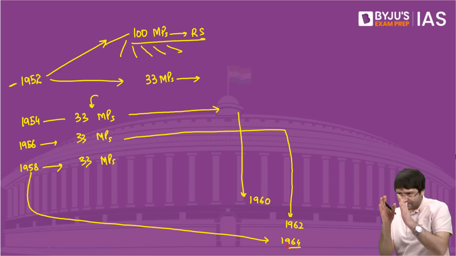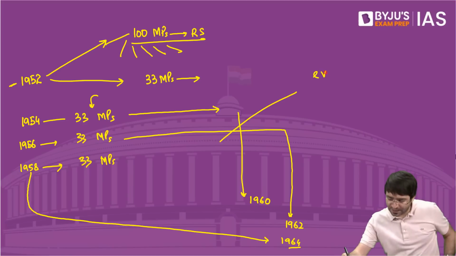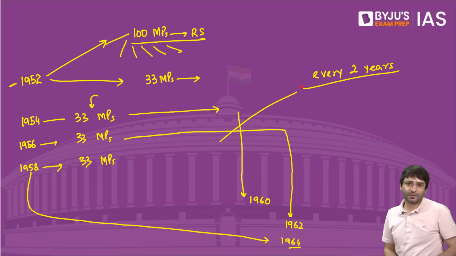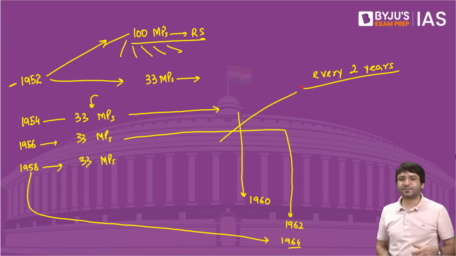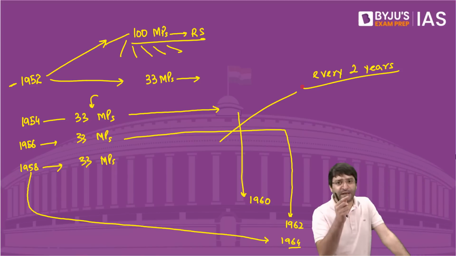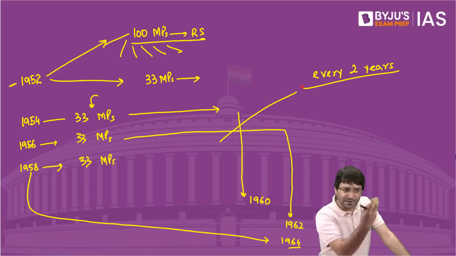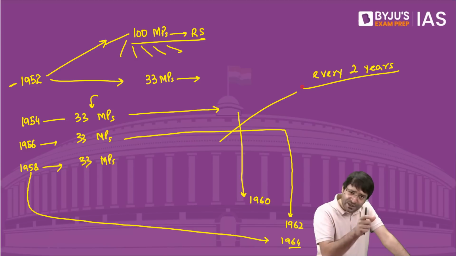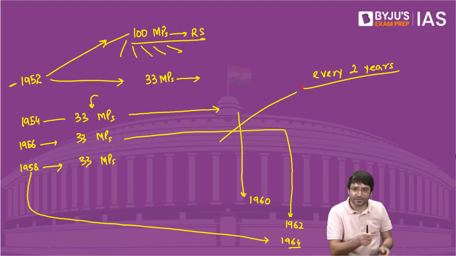Which means there are 1/3 seats right now where election takes place every 2 years. We started this process when we asked in 1954, 1/3 members, you resign after 2 years, so that we can have fresh election for your seats, and then their term will be for 6 years.